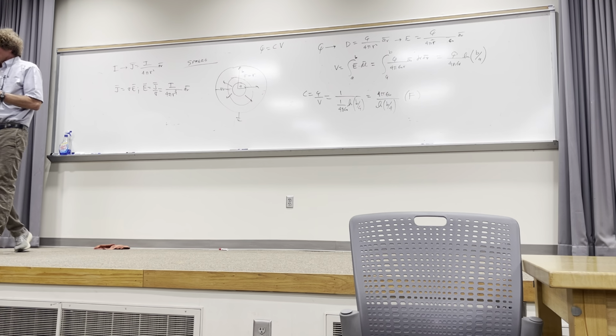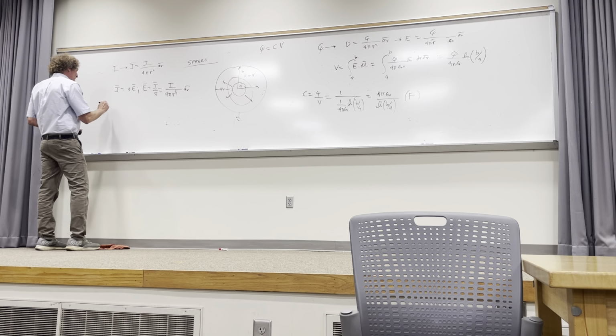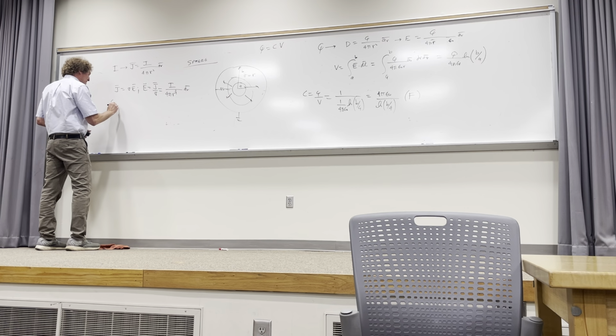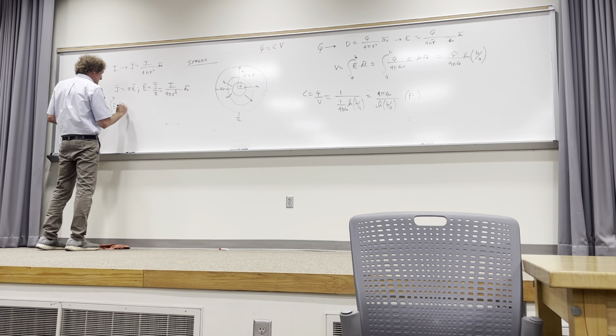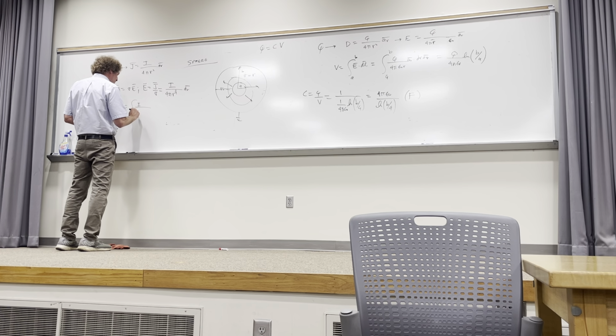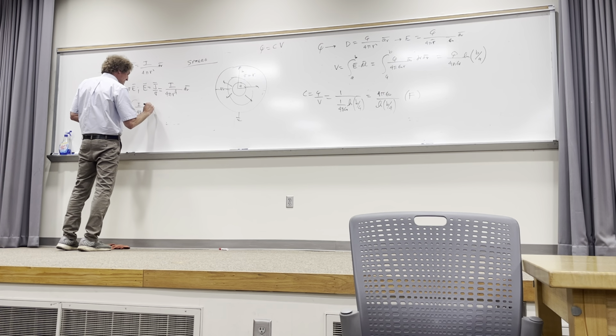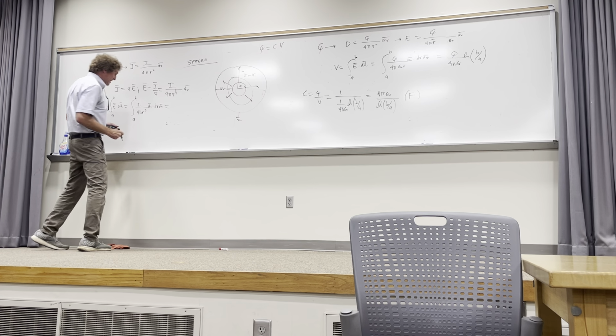All right, so now I've got E. What do I need next? V, right? So now I've got to integrate E dot dl from A to B, strict positive. I don't care if it comes out negative or not. And that means I integrate I over 4 pi r cubed AR dot dr AR, from A to B. This is going to end up being negative, but don't worry about it.